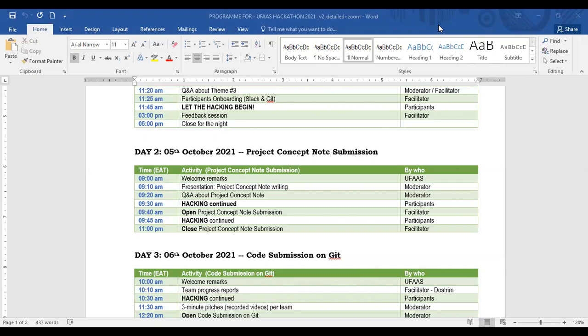You can also post your concept note in the Slack channel, which was shared with you. For any assistance or clarifications, you can give us a call, but we encourage you to use the Slack channel for any assistance that may be needed.